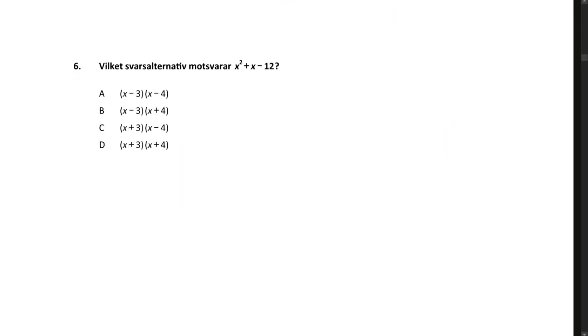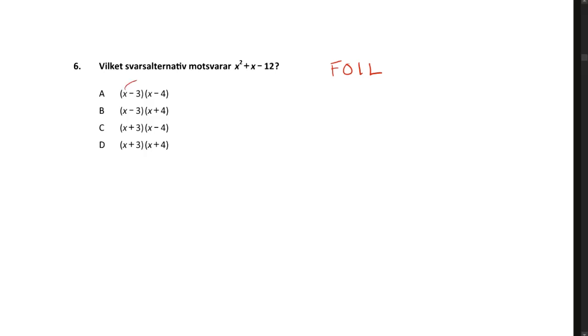Question 6, it says, which of the following alternatives correspond with the expression x squared plus x minus 12? So you can just start with A, and there's a strategy you can use called FOIL. F means first, O is outer, I is inner, L is last.